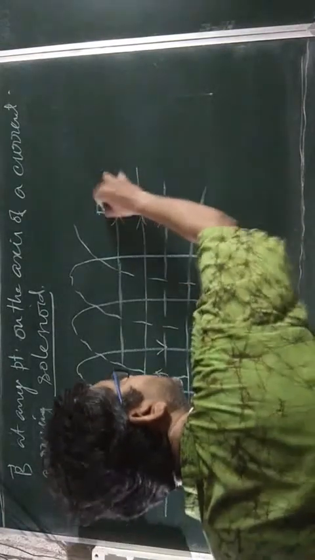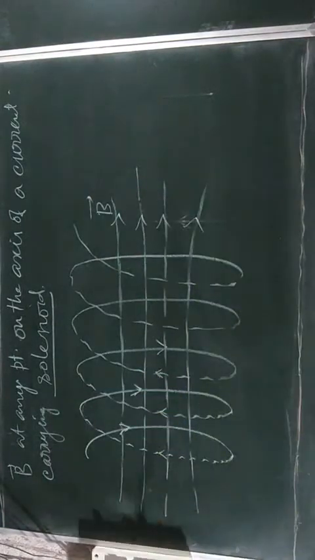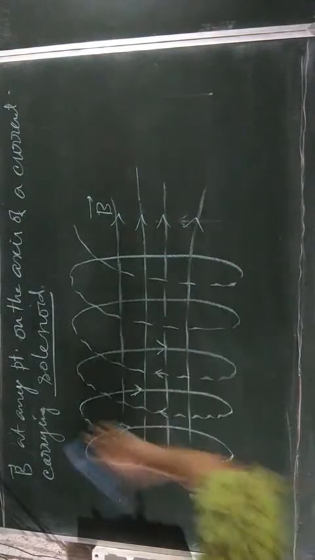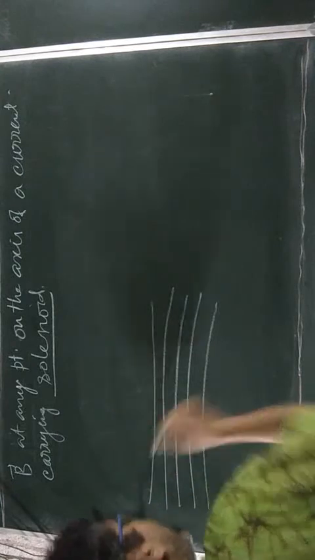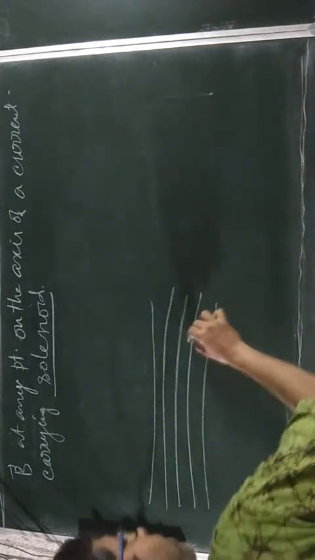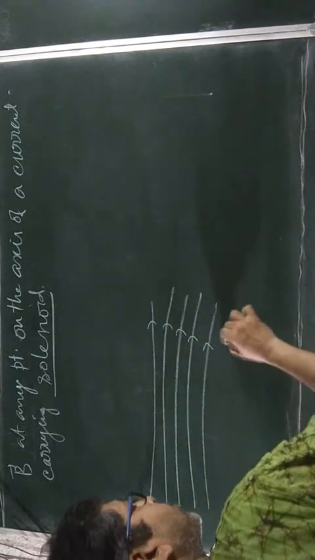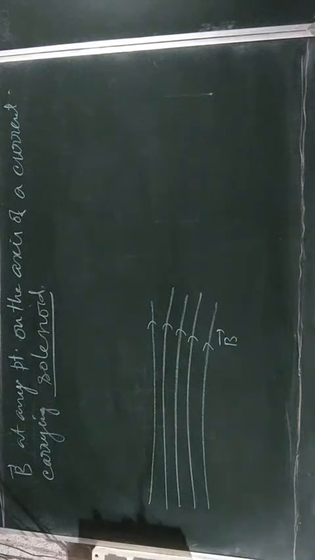This is the direction of the magnetic field. Now let me draw this in a miniature form. So these are the magnetic flux we have mentioned, B, the direction of B.